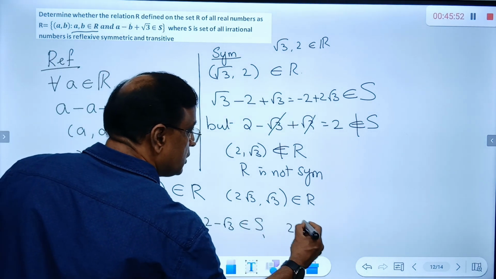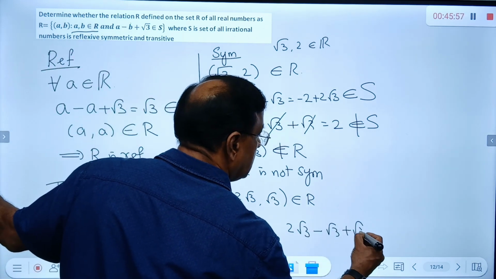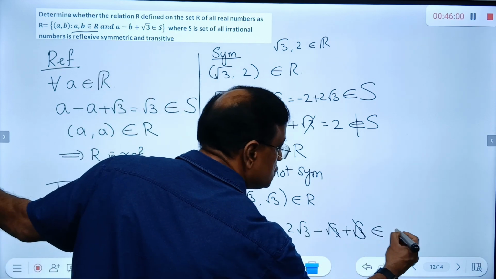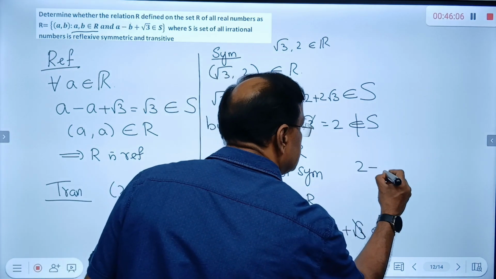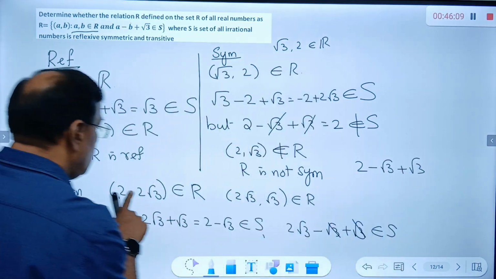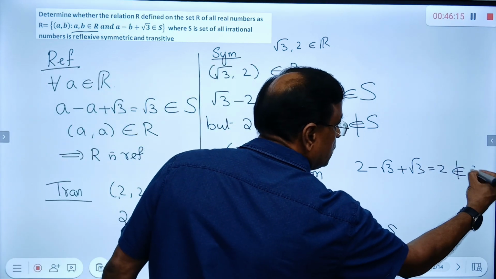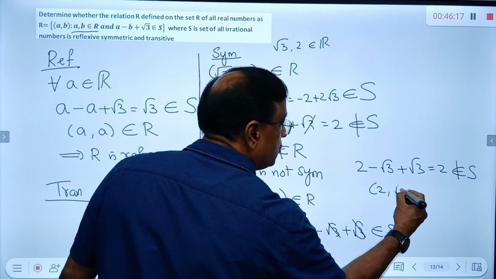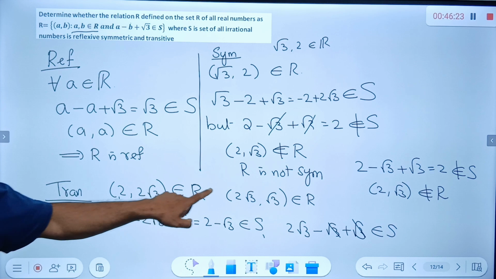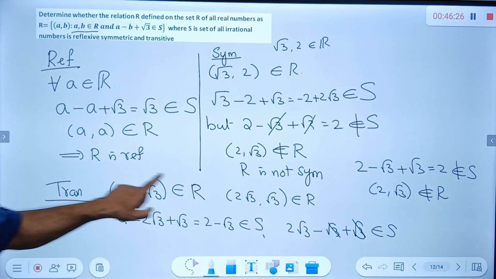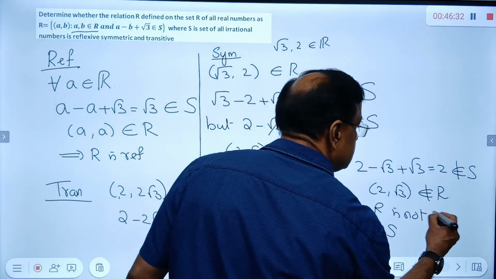Then 2 root 3 minus root 3 plus root 3 is 2 root 3, which is also irrational. So this is true. Now 2 minus root 3 plus root 3 is 2, which is not irrational. Therefore, (2, root 3) does not belong to R. See, (2, 2 root 3) belongs to R, (2 root 3, root 3) belongs to R, but (2, root 3) does not belong to R. Therefore, R is not transitive.